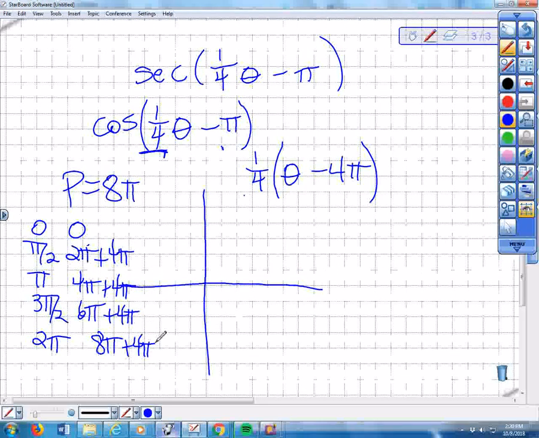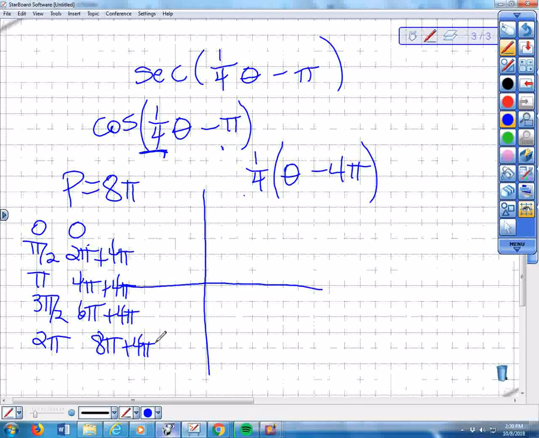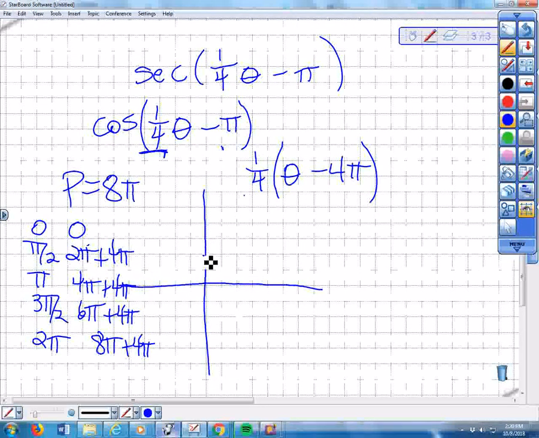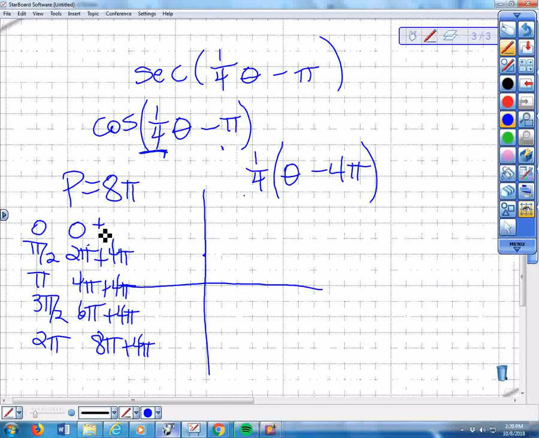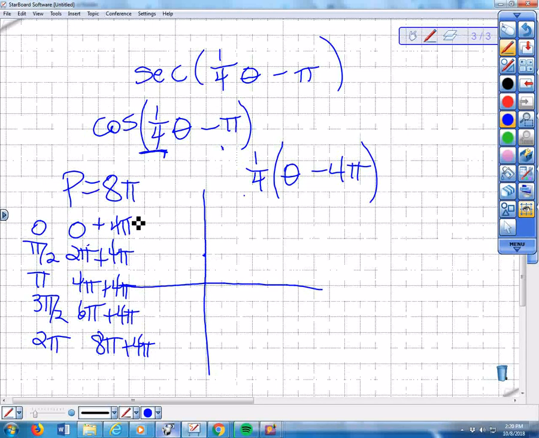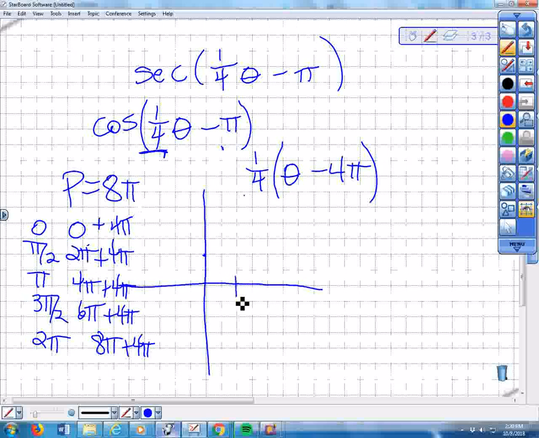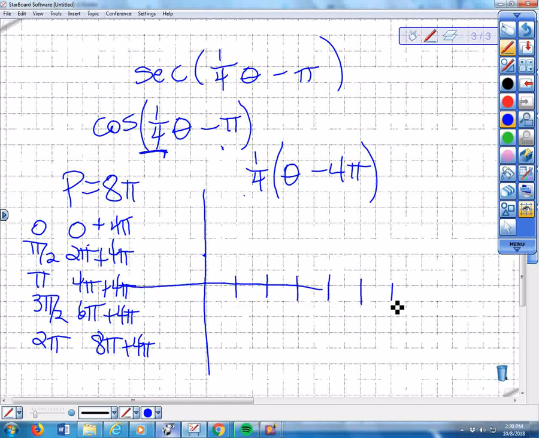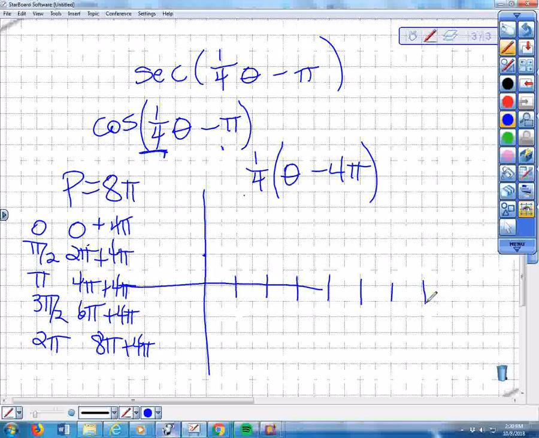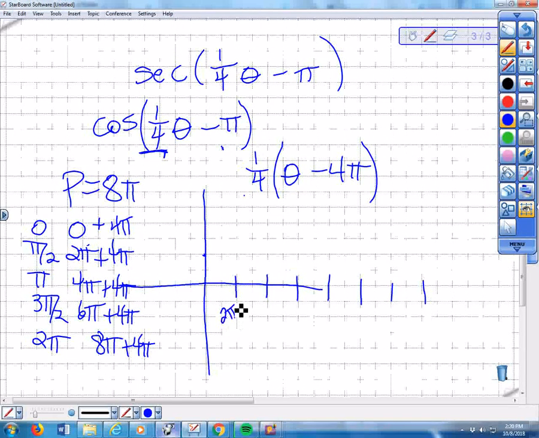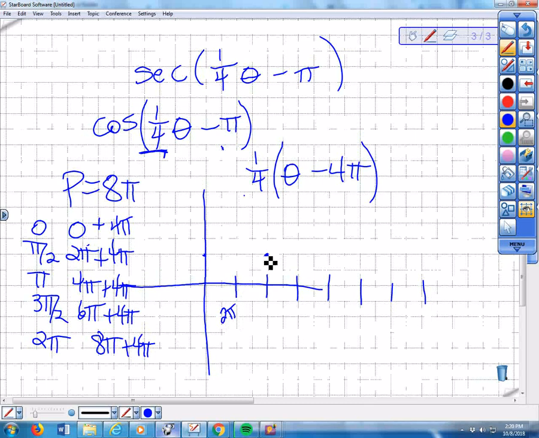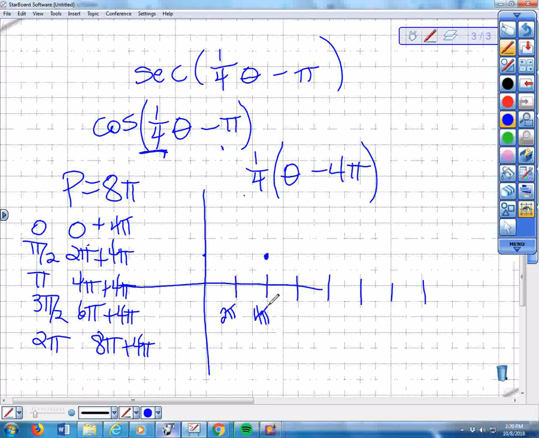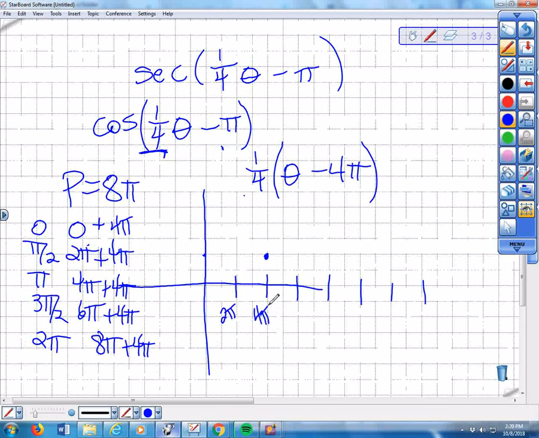So my first point, because it's still 1, it's going to be 1, but instead of 0, it's going to be at 4 pi. Let's just call this 2 pi, 4 pi, 6 pi, 8 pi, and so on. So it's going to be 1, 4 pi. Then I'm going to have 2 pi plus 4 pi is 6 pi.